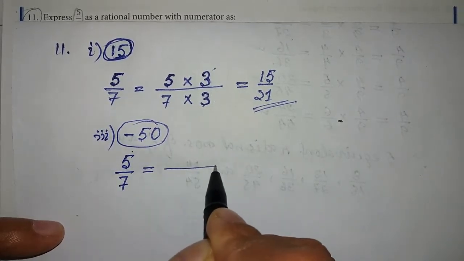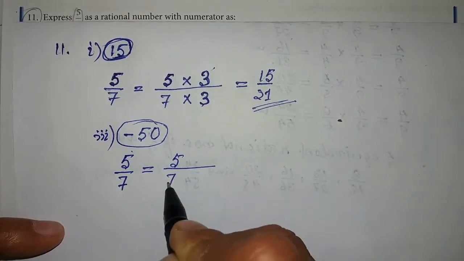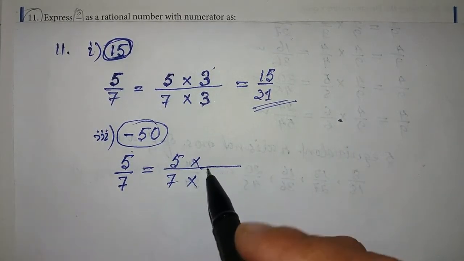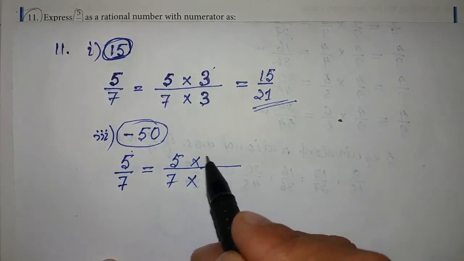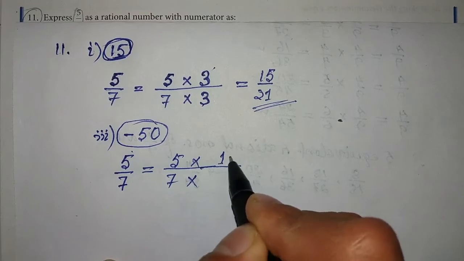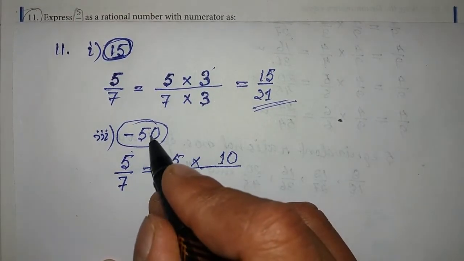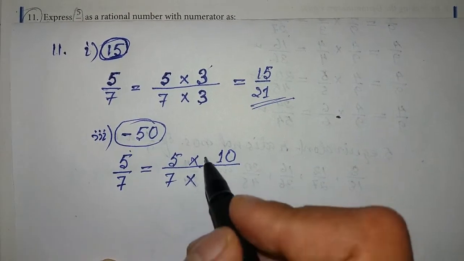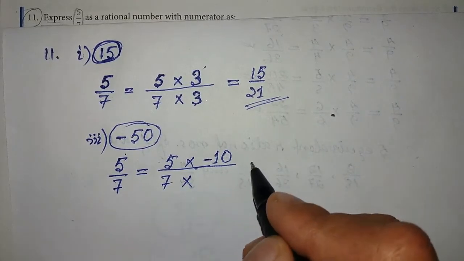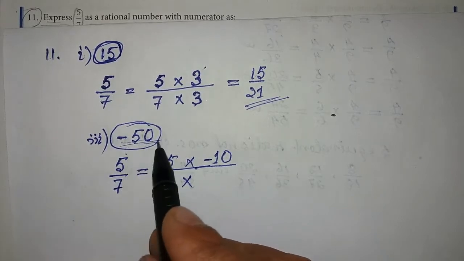This is our given rational number. Again you have to think, multiplied by what number will we get minus 50? We know it is 10, because 5 10s are 50, but since there is a minus, you have to write minus 10. Plus times minus is minus, so you will get minus 50.